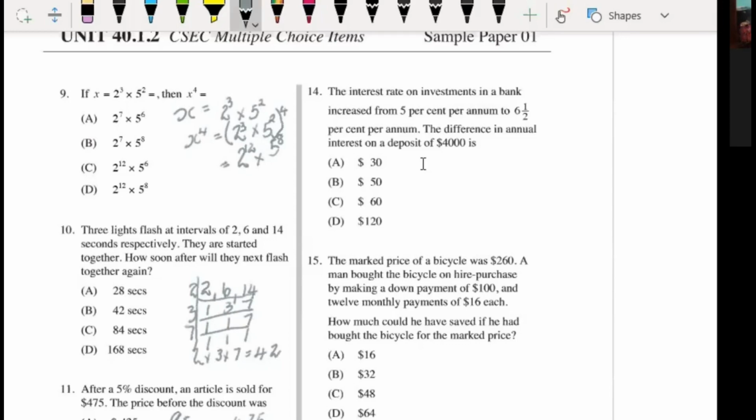So the problem now becomes 1.5% is 3 over 200 times 400. This goes into this 20 times. So the answer is 60.